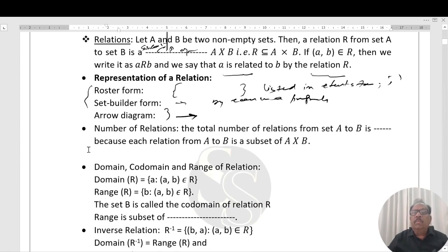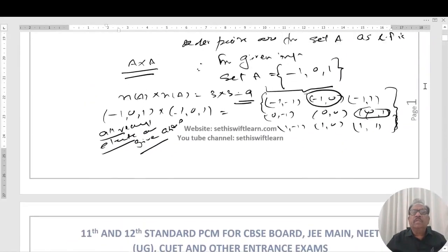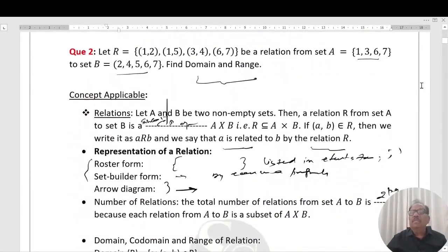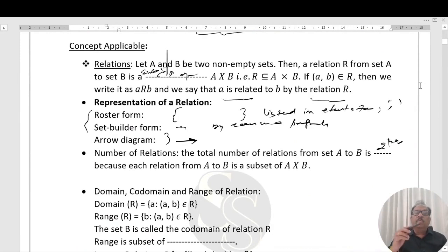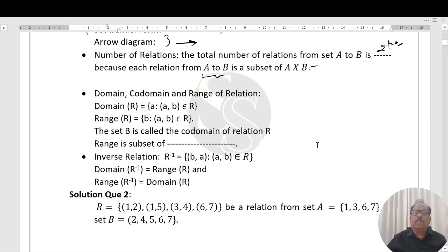Now, the total number of relations from set A to B is 2 to the power pq. We have already written, what is the number of subsets? 2 to the power pq. Here also the number of relations is 2 to the power pq, because each relation from A to set B is a subset of A cross B. What is domain? What is codomain? What is range of the function?